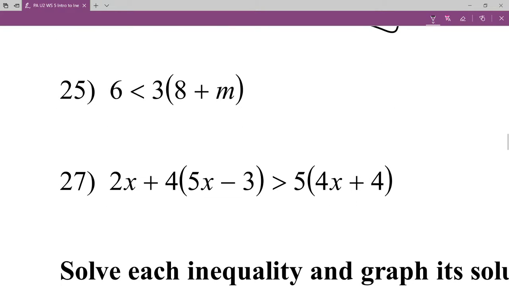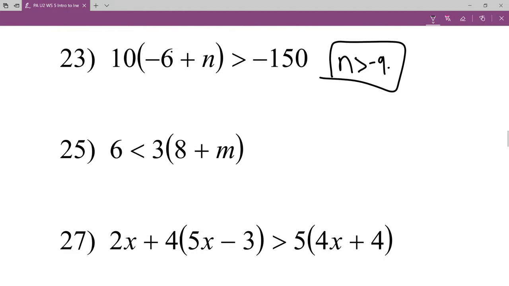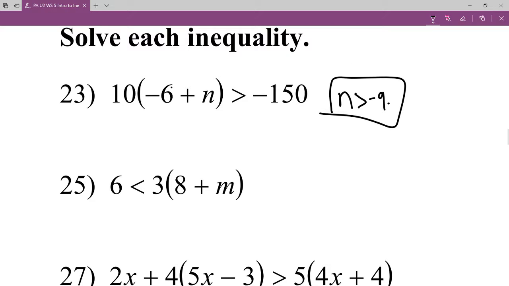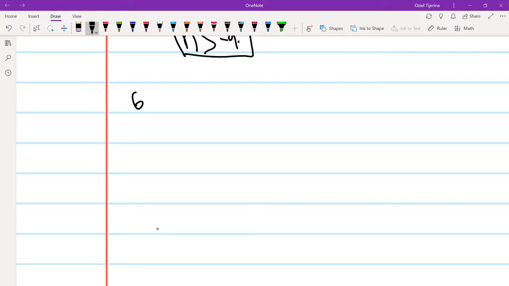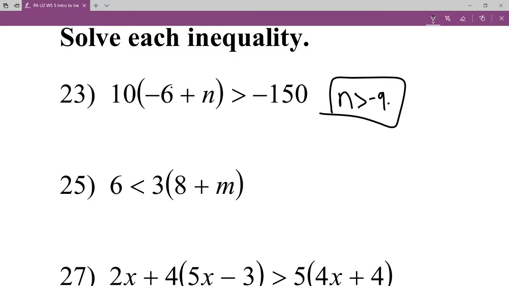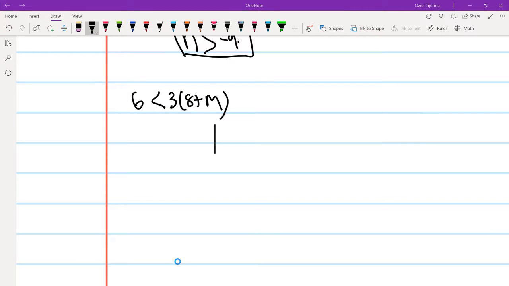And then this one you have 6 is less than 3 times 8 plus m. You do the distributive property, and you say 6 is less than 24 plus 3m.